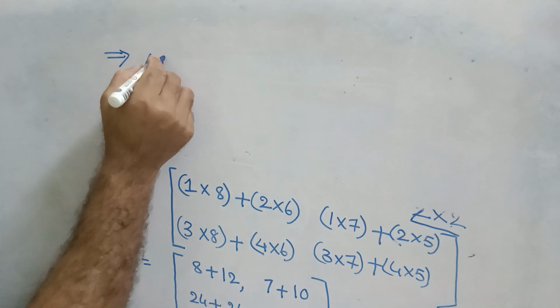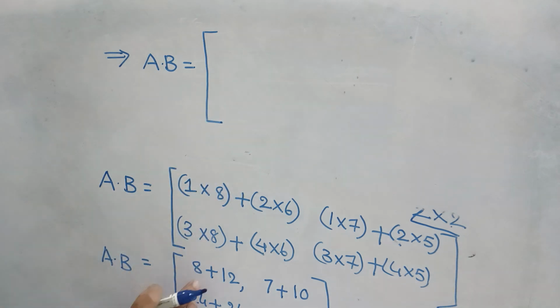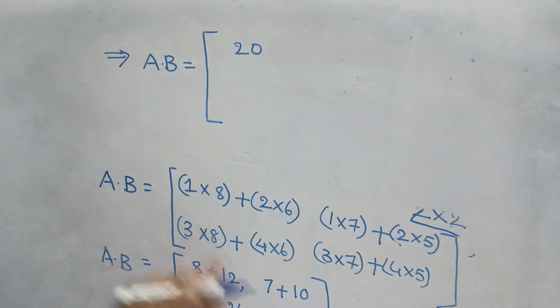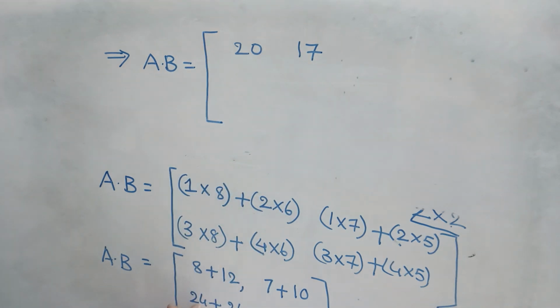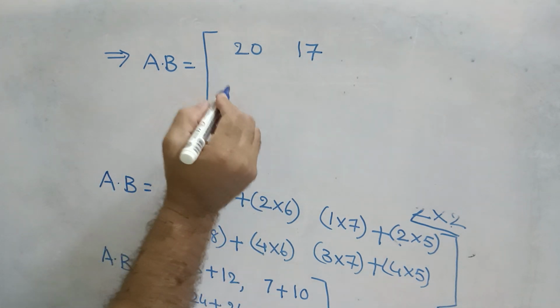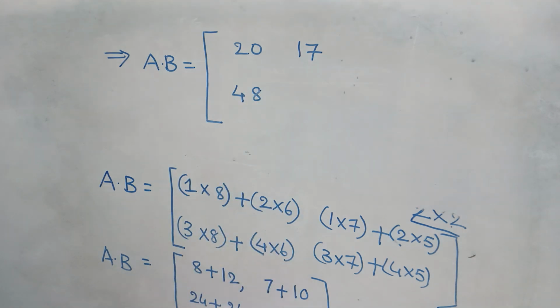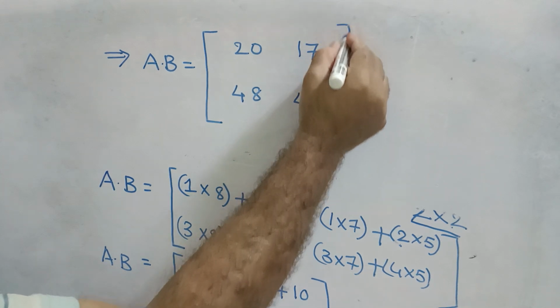Just sum 8 plus 12, how much is it? 20, right? 7 plus 10, how much? It is 17. 24 plus 24, it is 48. 21 plus 20, 41. This is the final answer.